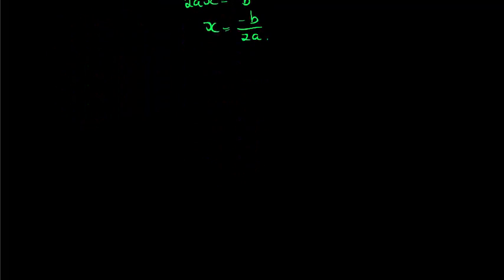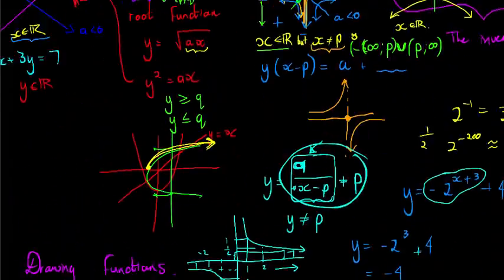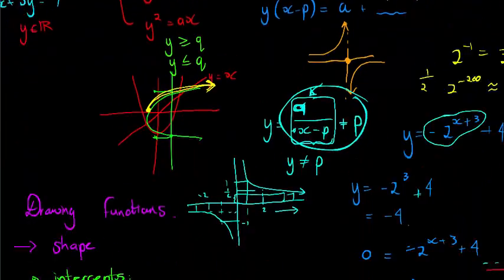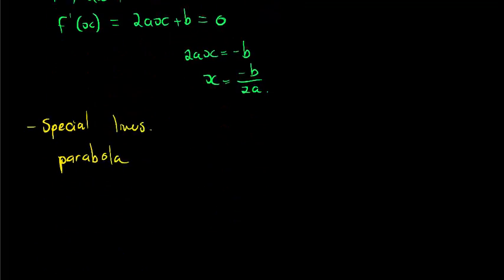Okay, special lines. The parabola has a special line. What line is that? Do you know? Yeah, it's got a symmetry line. Let me not call it special lines.